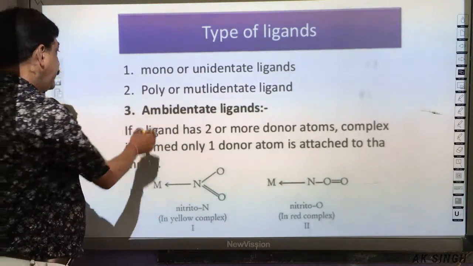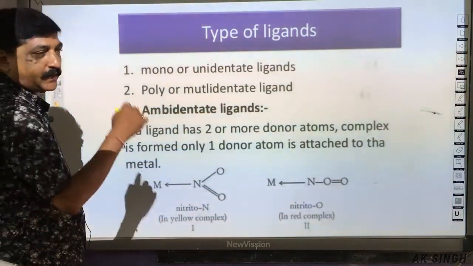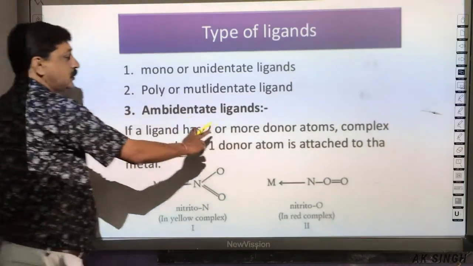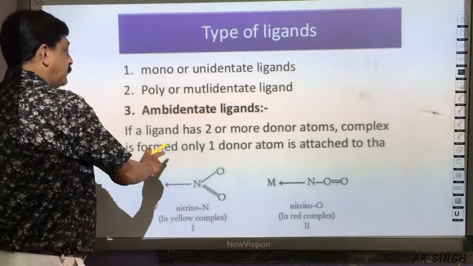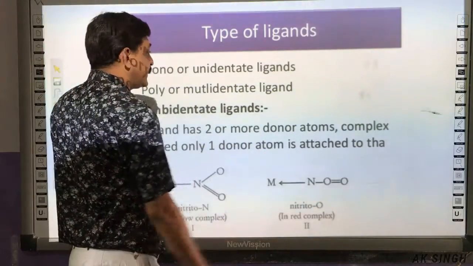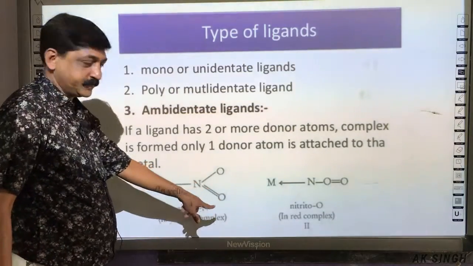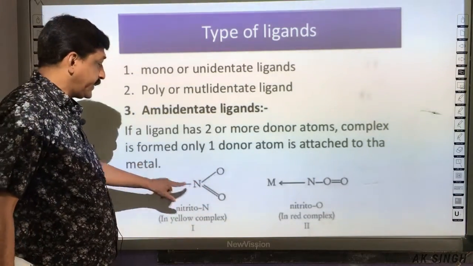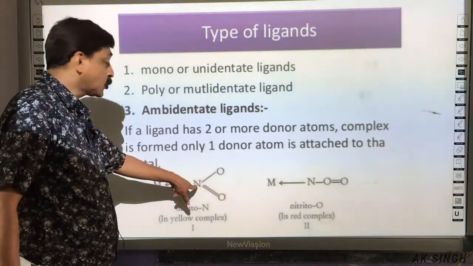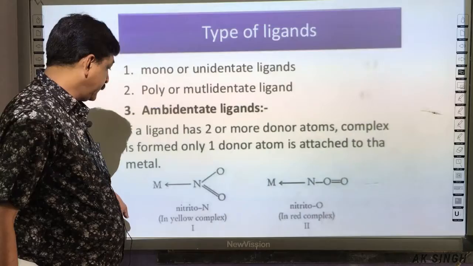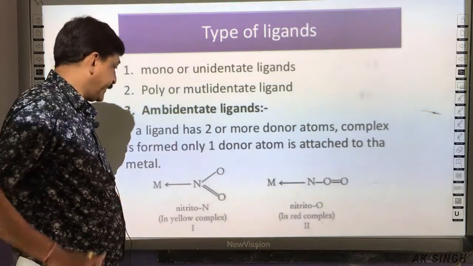ambidentate. Ambidentate ligand, this question was asked in the board exam. If the ligand has two or more donor sites, but when the complex is formed only one donor atom is attached to the metal. Now just take the example of NO2. In this example, this is the central metal atom and the ligand is attached through N. So it is the N complex.